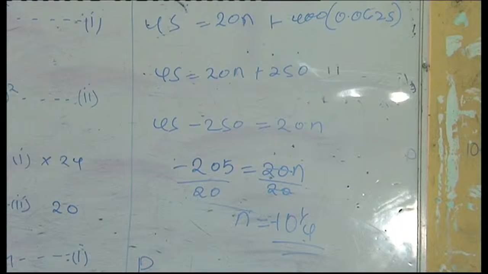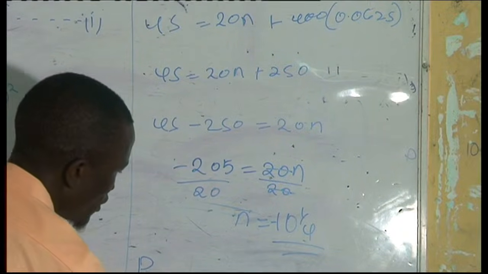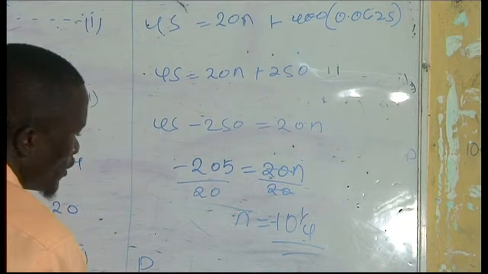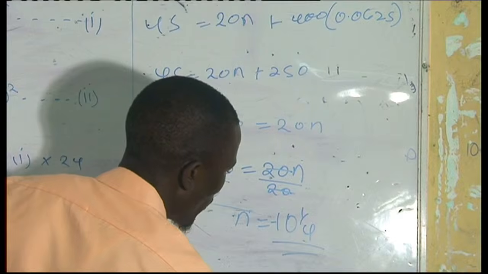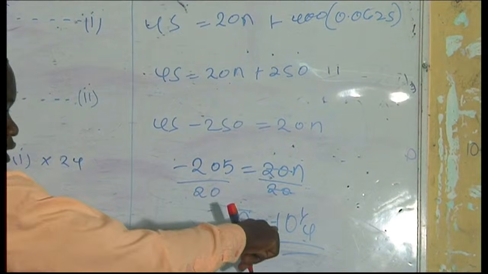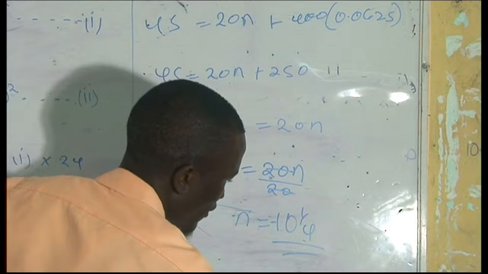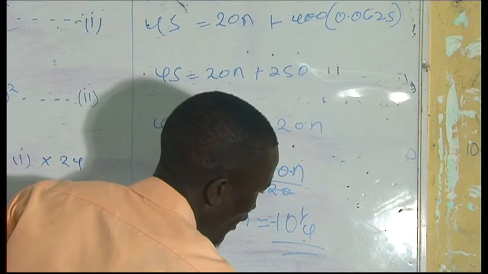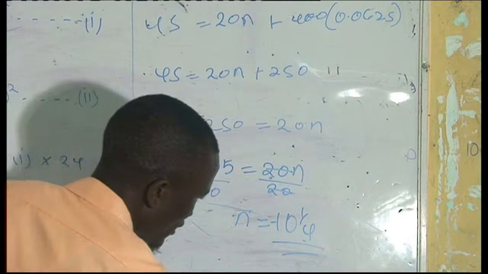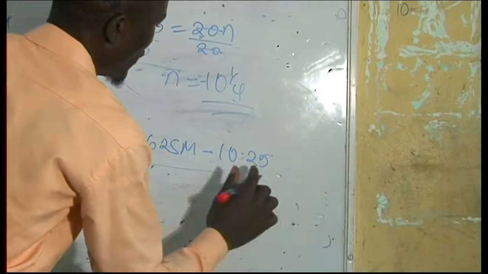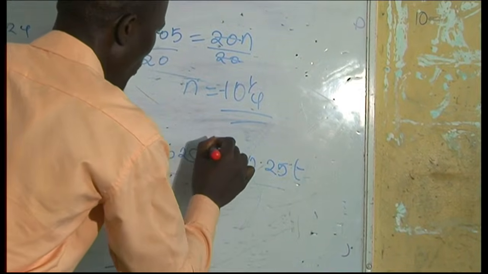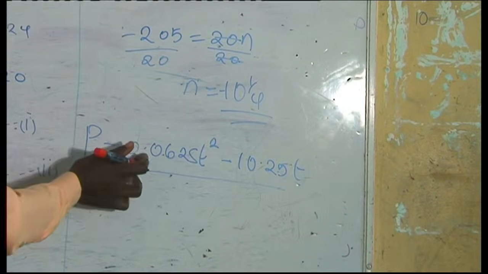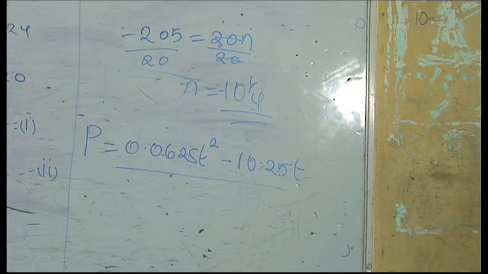So P is equal to 0.0625 t squared, now it will not be plus but minus, because of this negative, minus 10.25 t. Here n is replaced with t.